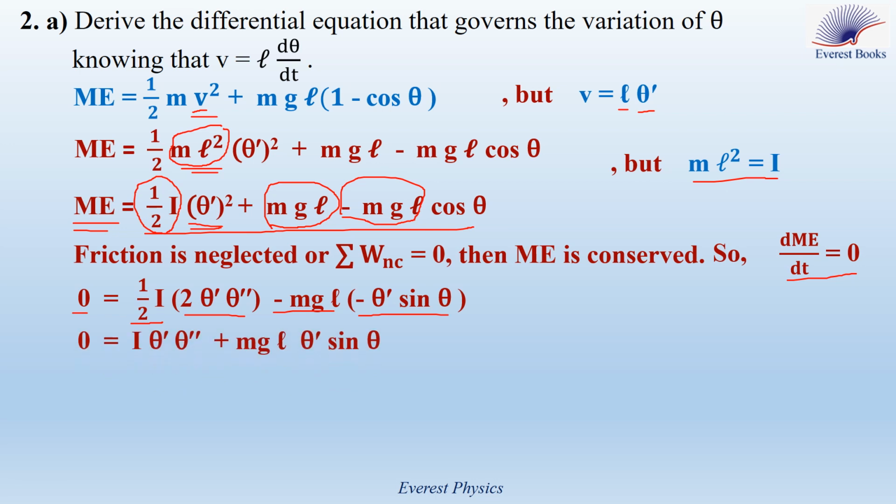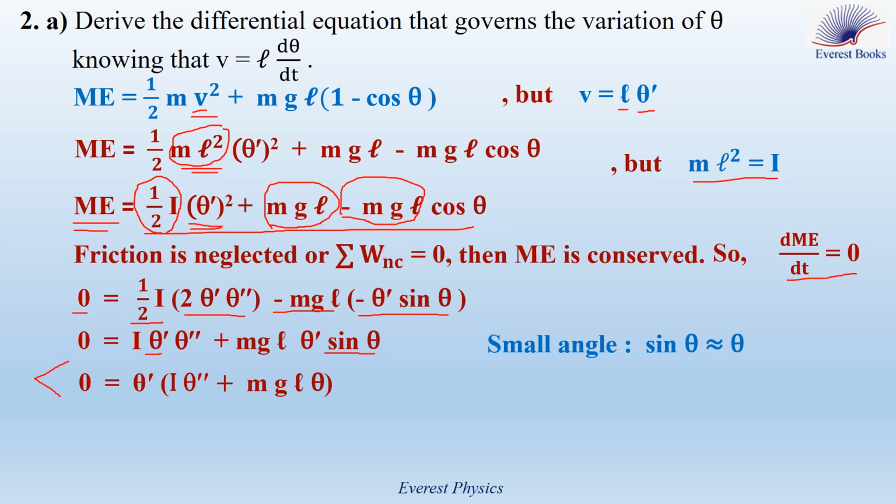We get this equation. The pendulum oscillates with small angles. Then we can replace sine θ in this equation by θ. Also, we will take θ' as a common factor. We get this equation. This equation has two solutions.